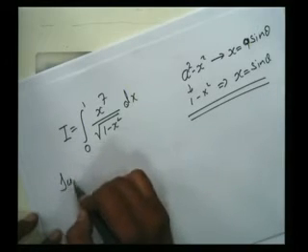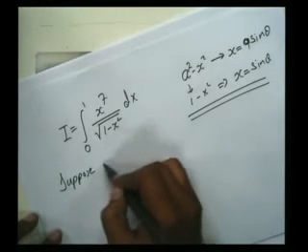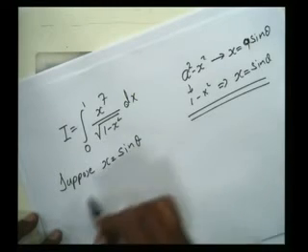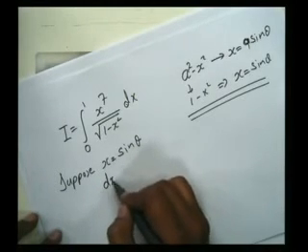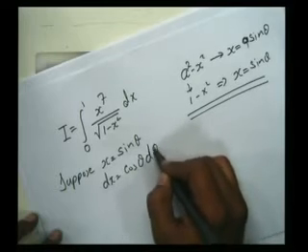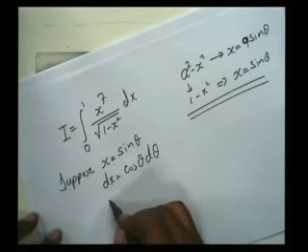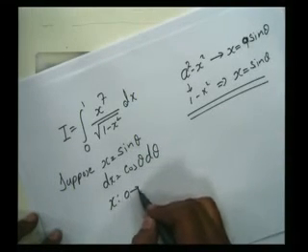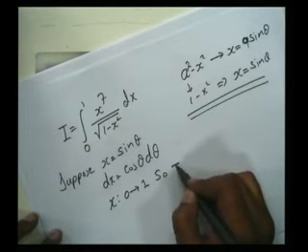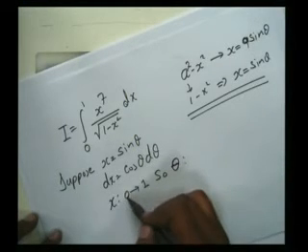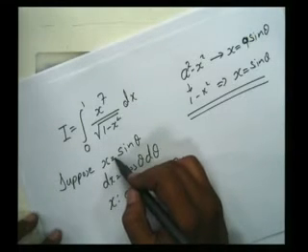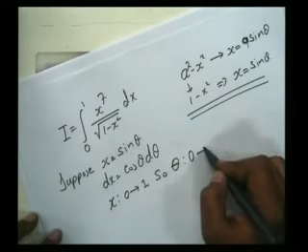So suppose x equal to sin theta, so dx equal to cos theta d theta. x has limit 0 to 1, so for the lower limit x equal to 0, that means sin theta equal to 0 and theta equal to 0.